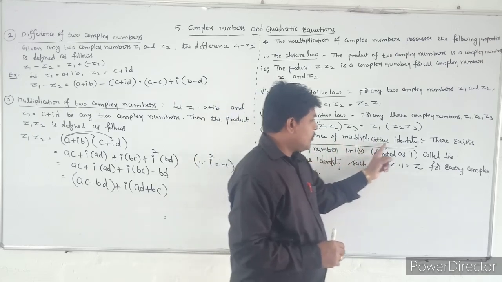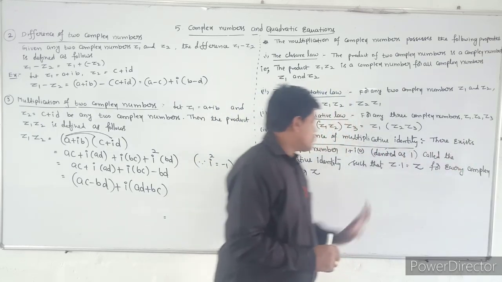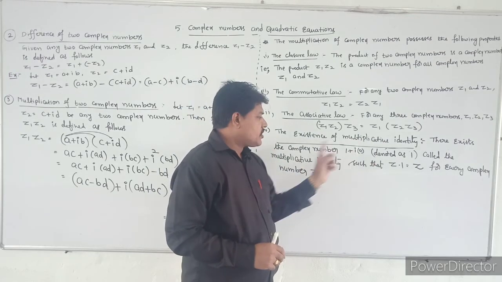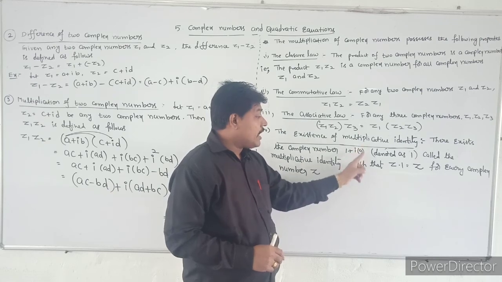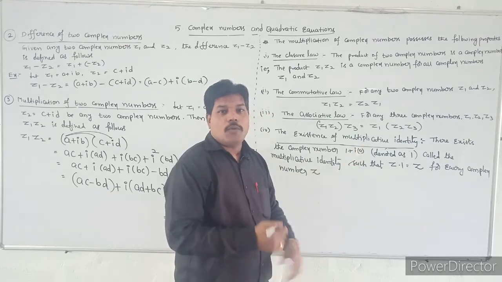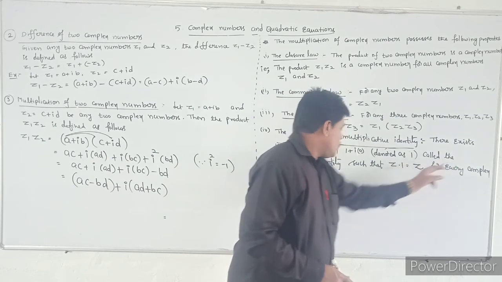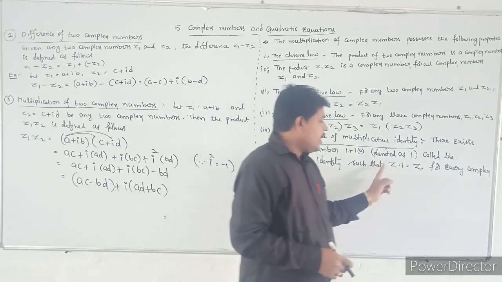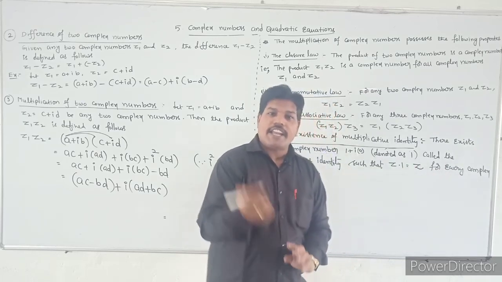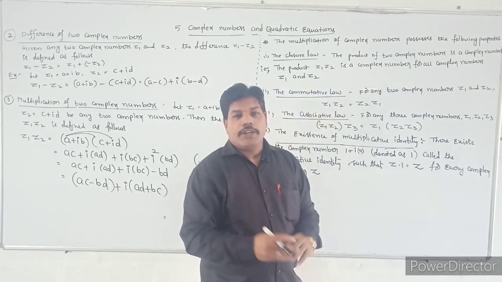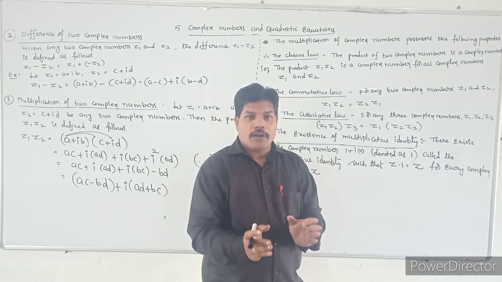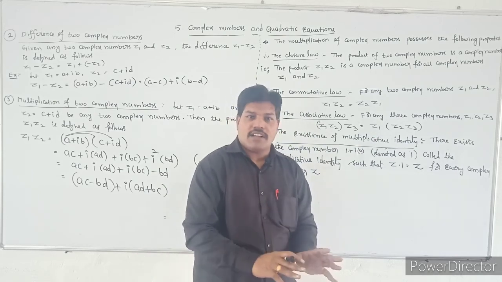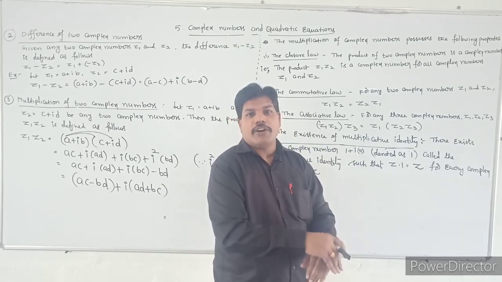There exists a complex number 1 plus i into 0, which is nothing but 1, called the multiplicative identity, such that Z into 1 is equal to Z. In the addition, we said that if you add some complex number to the given complex number and the outcome is the same, then the second complex number is the additive identity.